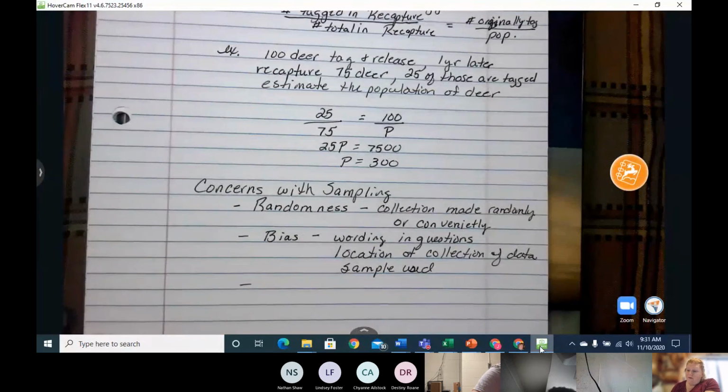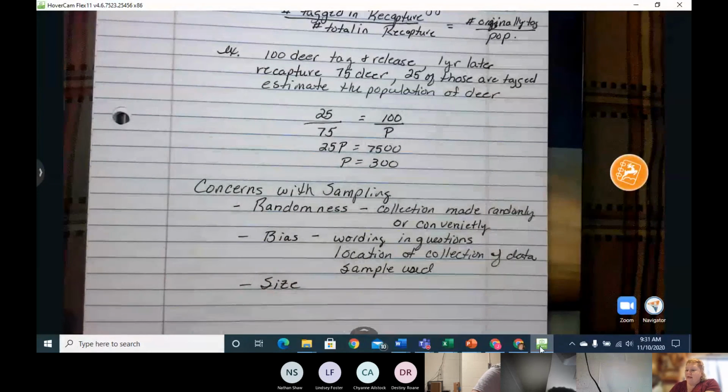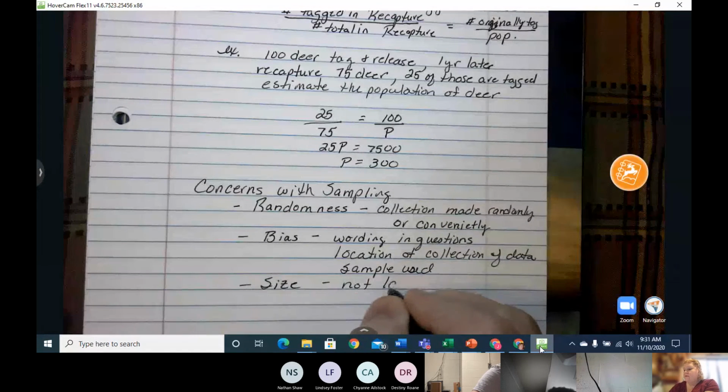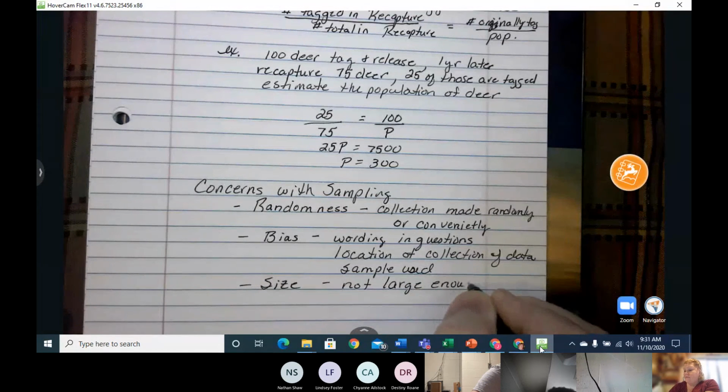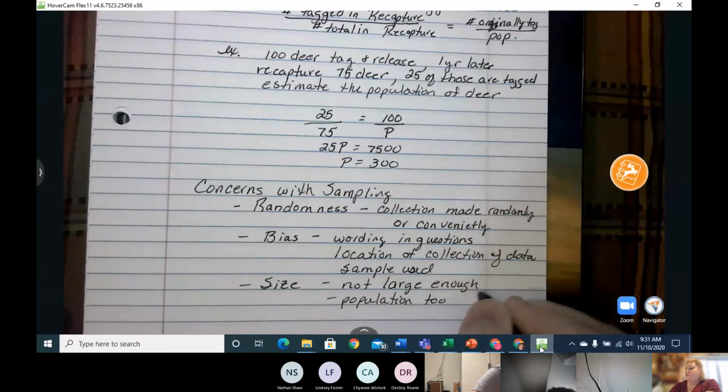The third concern about sampling is the size of the samples. A lot of times, the size of our samples are not large enough, or the population is too large to handle.